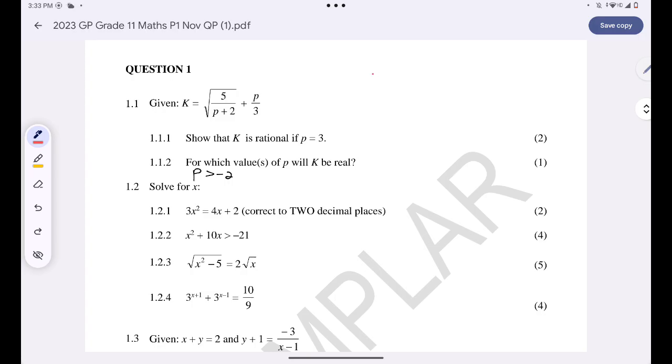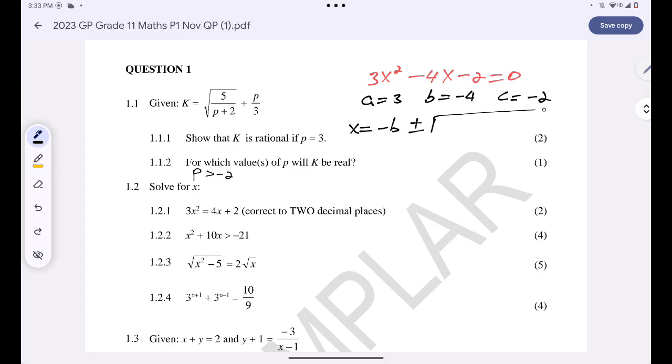Are you together? What does that mean? It simply means that everything should be on the left hand side and 0 should be on the right hand side. So now I know the value of a is 3, the value of b is -4, the value of c is -2. So therefore I know that x is equal to -b plus or minus the square root of b squared minus 4ac all over 2a.